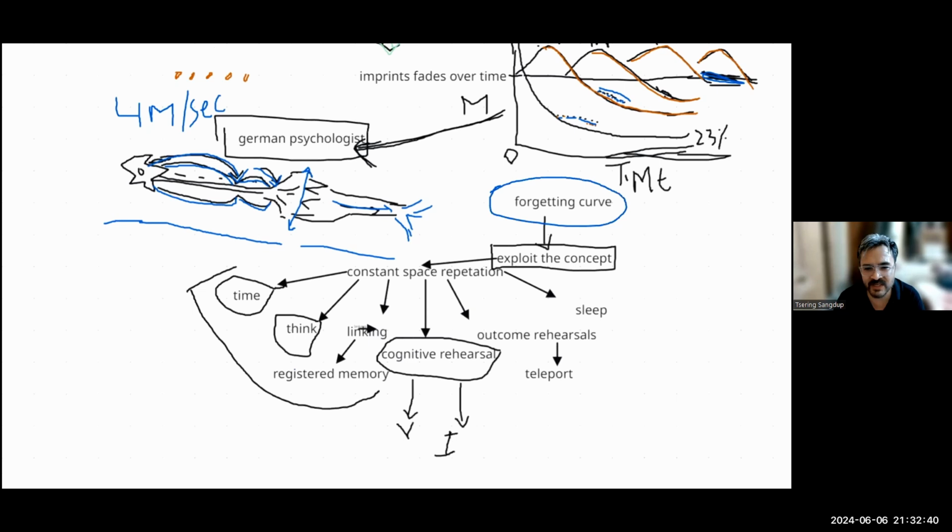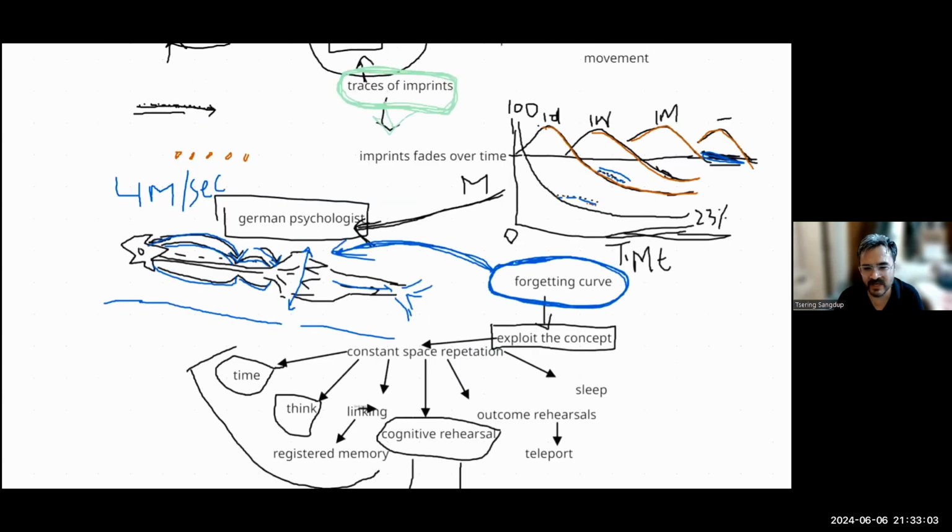Now how are we going to exploit the forgetting curve, and how can learning this method help us to have this effect or changes in our brain, right?